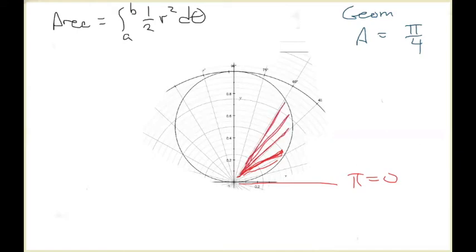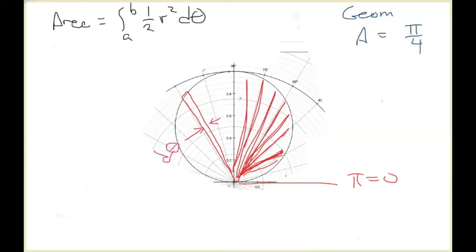We're not making rectangles, discs or washers, we're making these little sectors, like a really thin slice of pizza. The thickness of this slice is our d theta, and the radius comes from this radius. We can talk about why it's squared and then 1/2 in class. I just want you to experience having done one.